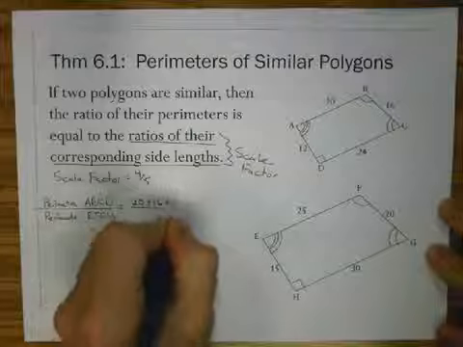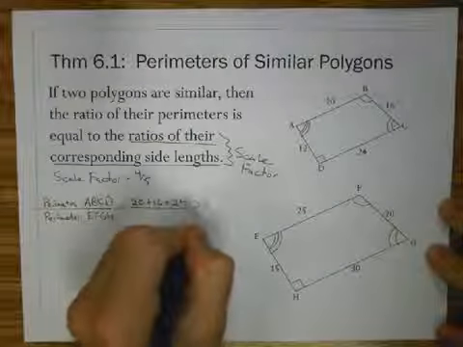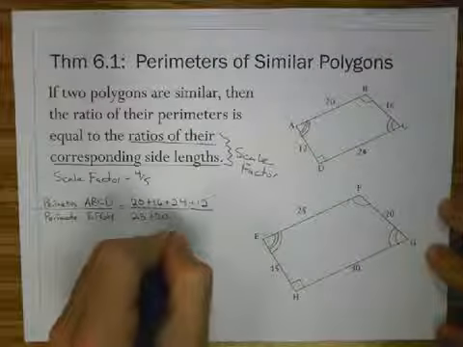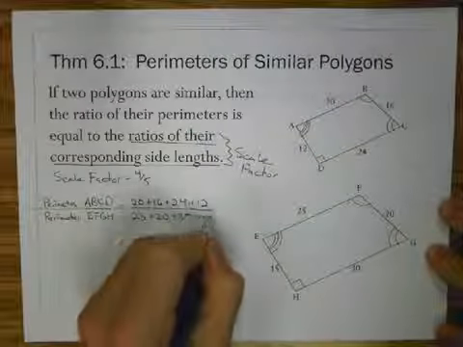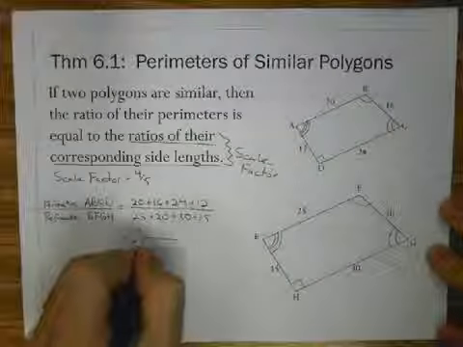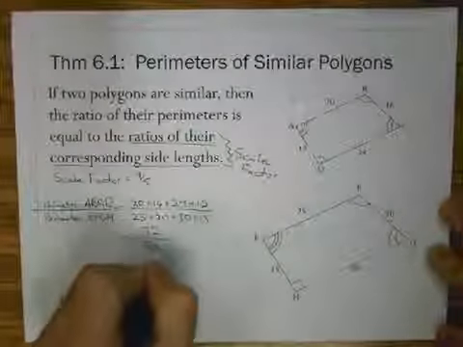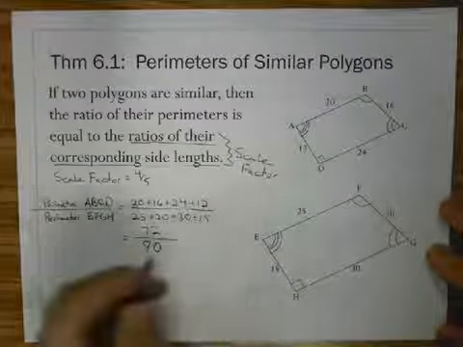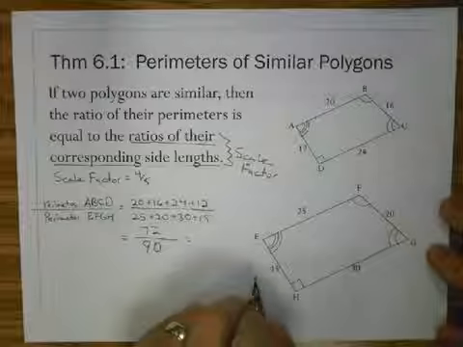So let's look. I want the perimeter of A, B, C, D over the perimeter of E, F, G, H. So A, B, C, D perimeter, I'm going to add 20, 16, 24, and 12.